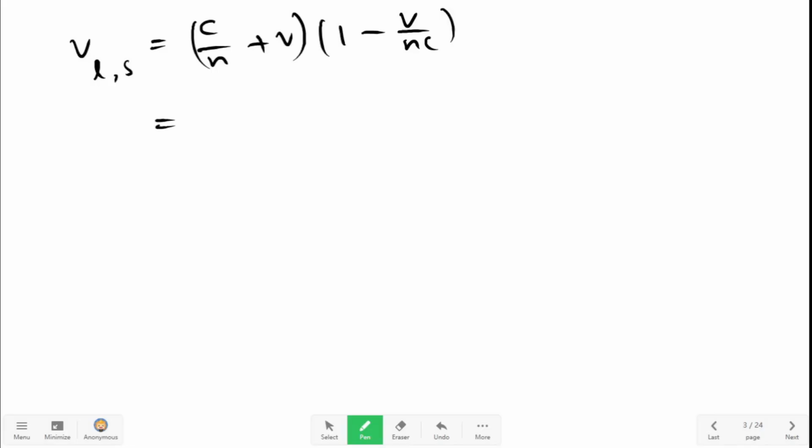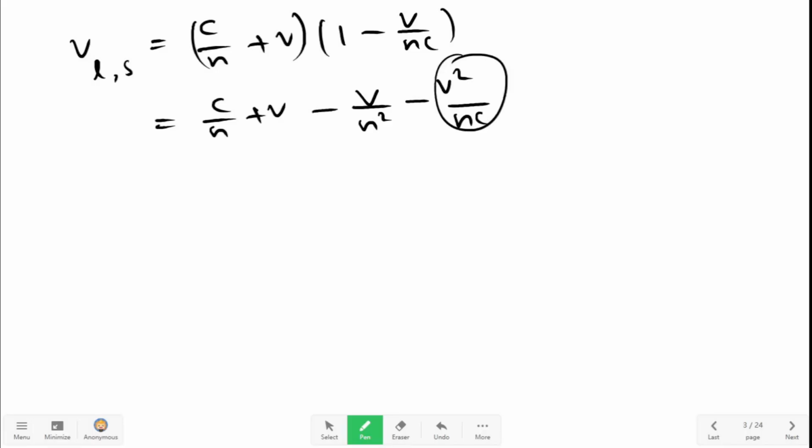This is equal to c by n plus V minus V by n square minus V square by nc. Now this can be neglected. This is very small, as V is very much less than c.